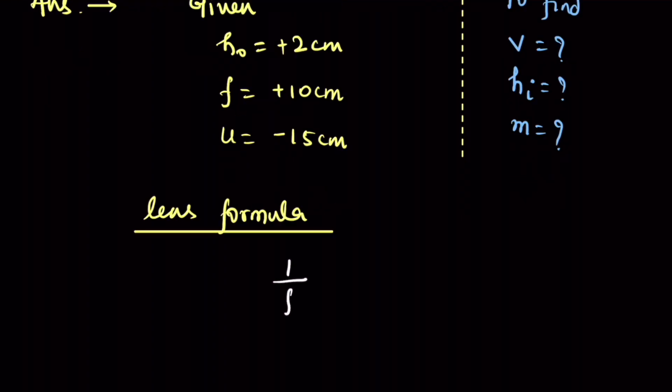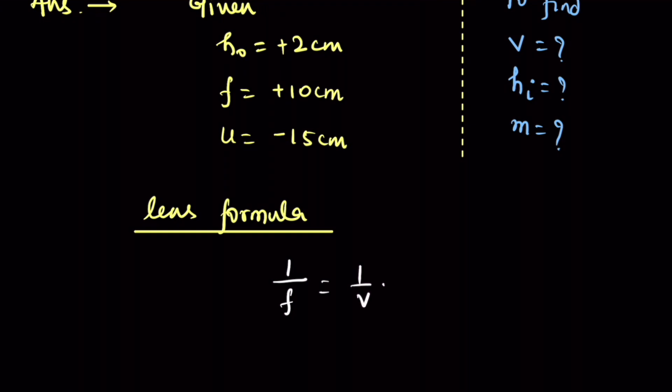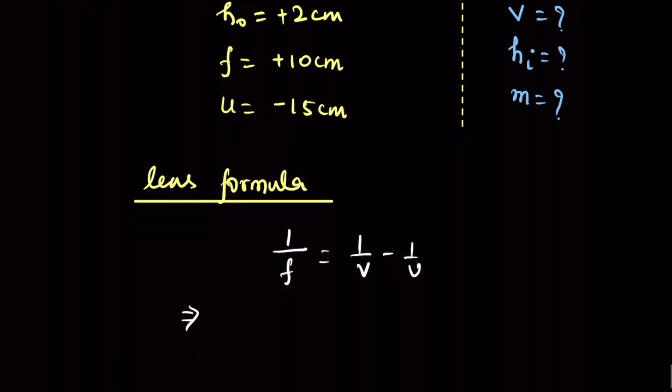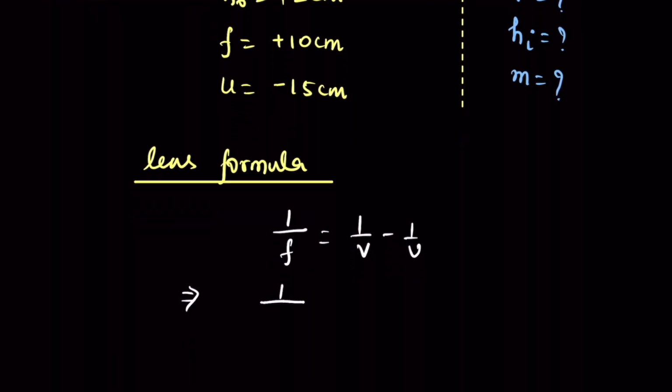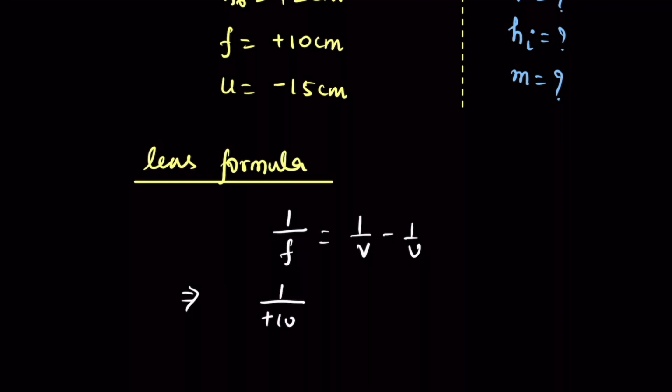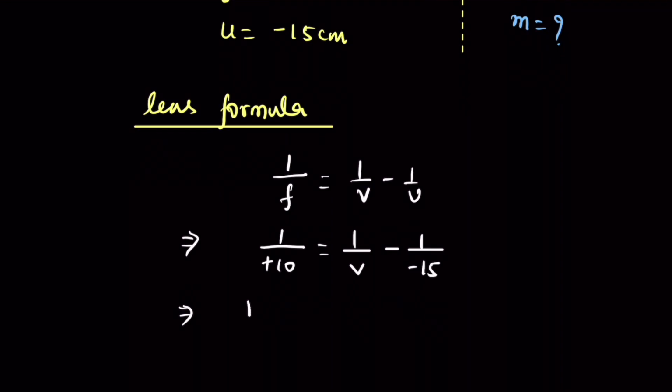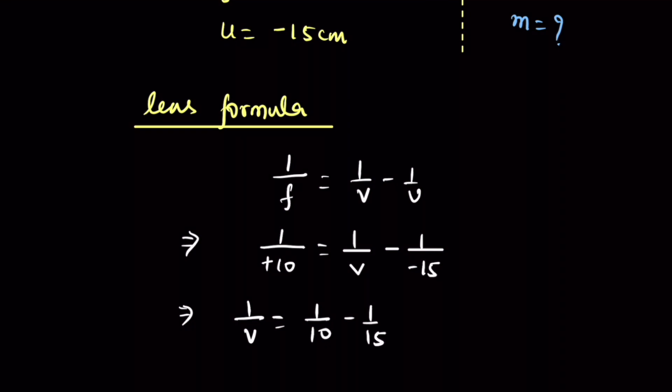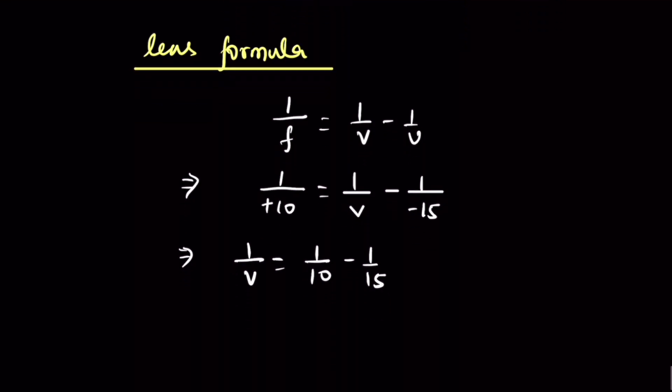1 by F is equal to 1 by V minus 1 by U. And F is plus 10 centimeter. V we have to find, and U is minus 15 centimeter. 1 by V will be 1 by 10 minus 1 by 15, because this minus and minus becomes plus, and when we transpose to other side it will again become minus.